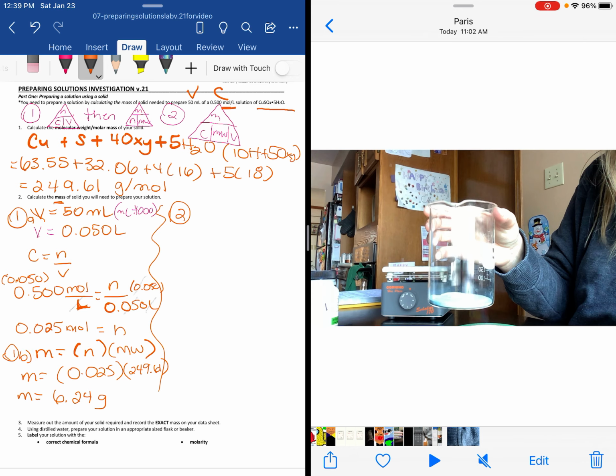So then for number 2, that's this big triangle here from this unit. It's really just combining the other two. So if we're looking for mass, then what you're going to do, you can see, is multiply C times MW times V, because they're all in the bottom.